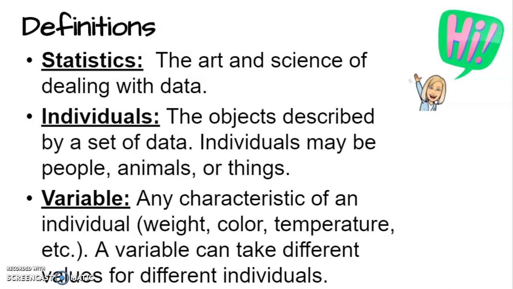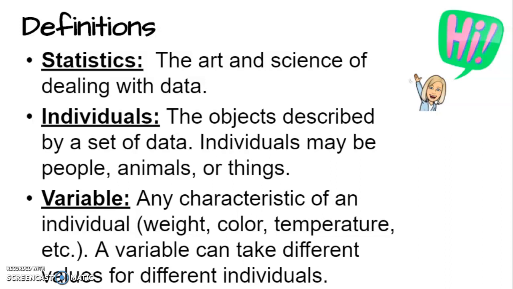Now, individuals sounds like people, but it doesn't necessarily need to be people. So individuals are just whatever objects are described by a set of data. So it might be people, but it could be animals or things. And I'm going to show you a couple of examples in a minute so you can see the difference. And then variables are, well, what are the things that we want to know about those individuals?